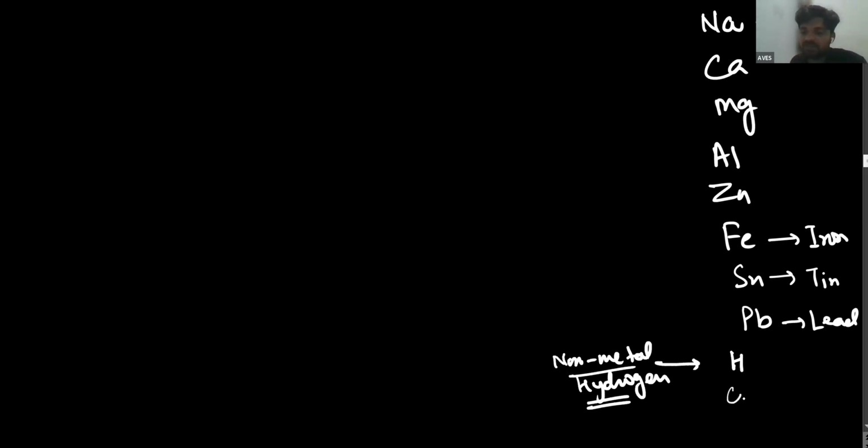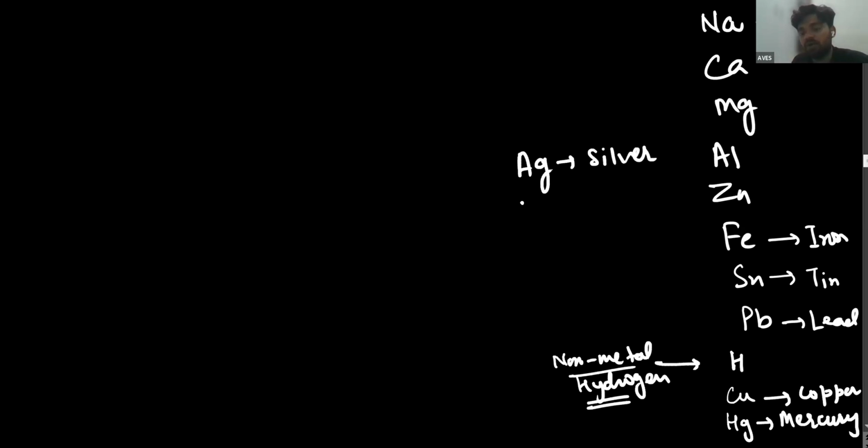After hydrogen is copper, then Hg, that is mercury. After mercury is Ag, silver, then Au, gold, and Pt is platinum.